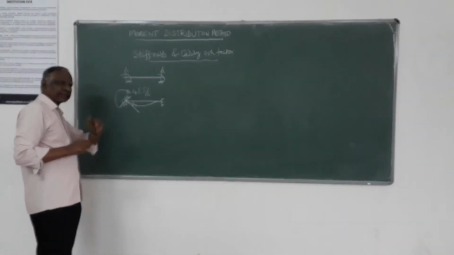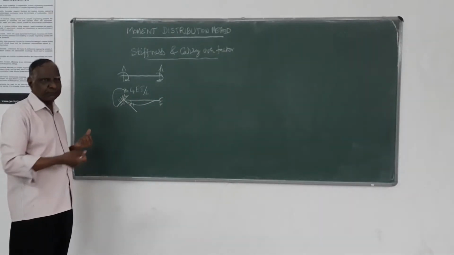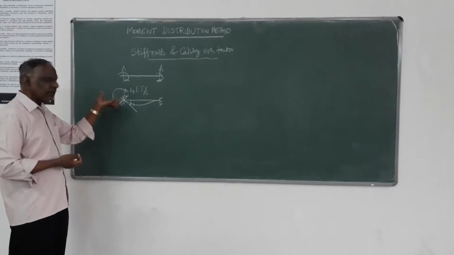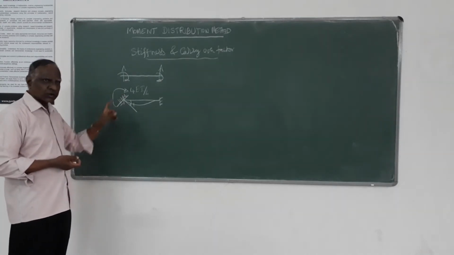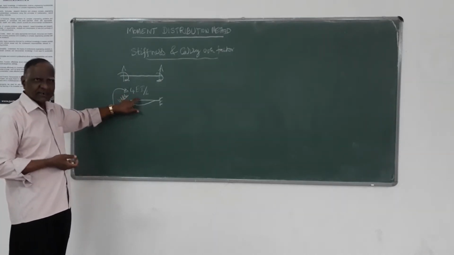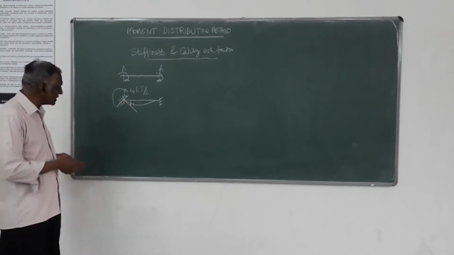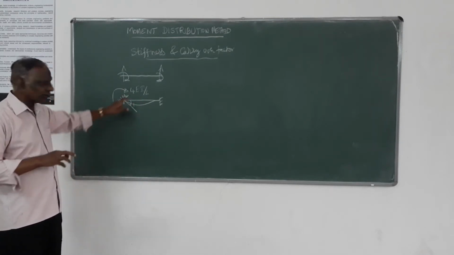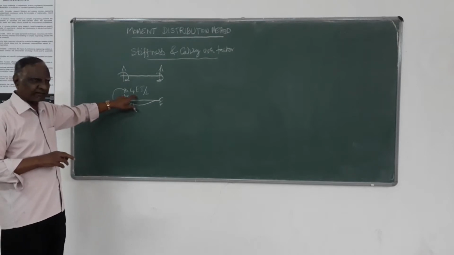You can prove that force as 4EI by L by the energy principle, that is the strain energy method, Castigliano's theorem. You can apply it and derive this, which has been done in the previous year, so I don't want to go into the detail of the derivation.